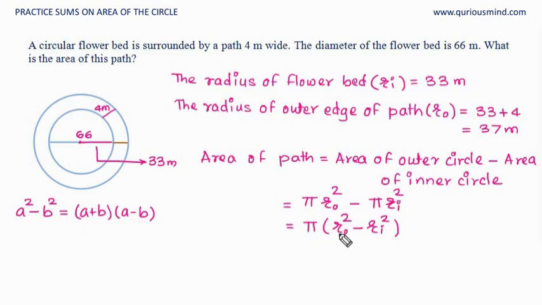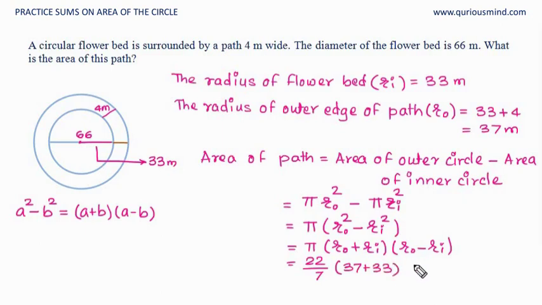Now here we have RO square minus RI square, and so this will become RO plus RI multiplied by RO minus RI, and that is pi is 22 upon 7, RO plus RI, which is 37 plus 33, and RO minus RI is 37 minus 33.